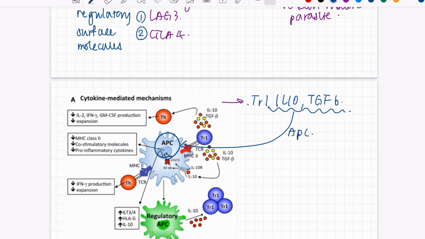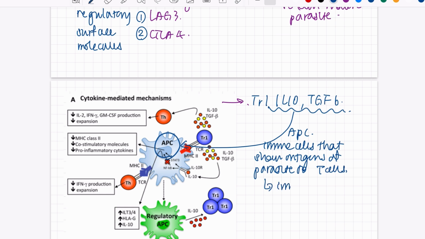Now, these antigen-presenting cells are immune cells that essentially show antigens or fragments of the parasite to T cells as means of initiating an immune response.